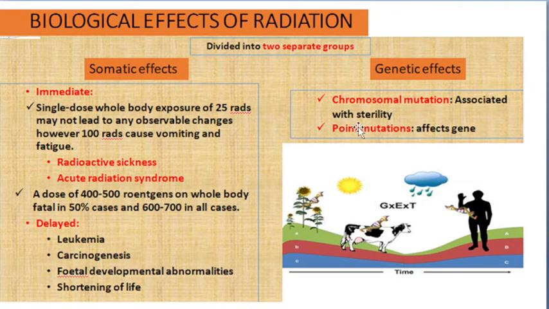Zoology background students can easily understand this. So biology students can easily understand what is point mutation and what is chromosomal mutation. So this radiation affects them at the genetic level also.